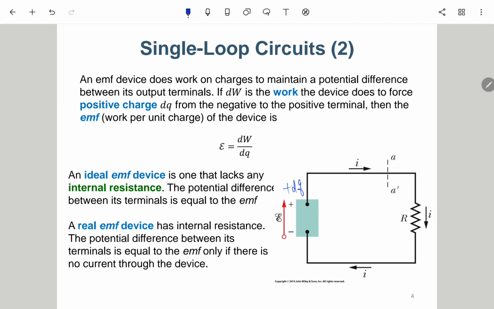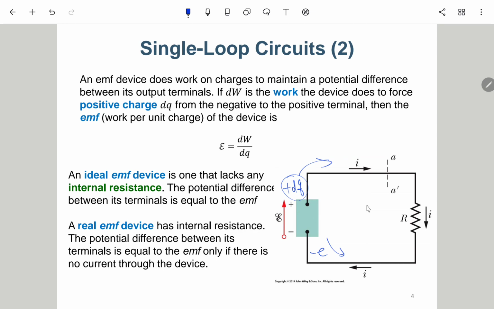Positive dq will go in this direction, which is the same as the direction of a current. But as you know, practically the charge carriers should be electrons, in the opposite direction. So positive charge going in the clockwise direction, or negative charge going in the counterclockwise direction, will be the same in this case.